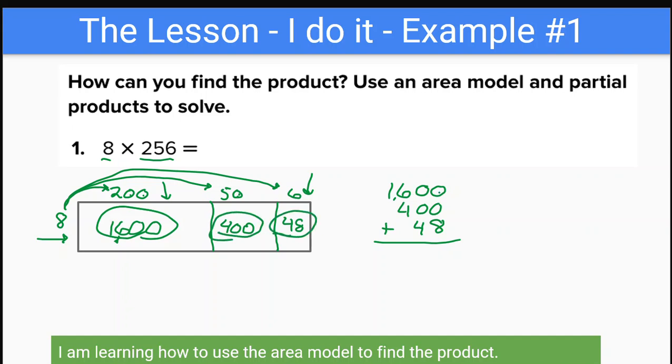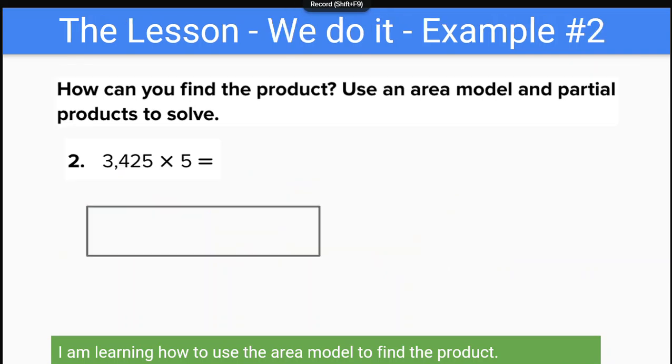Help me out, kids. 0 plus 0 plus 8, right, that's 8. 0 plus 0 plus 4, right, that's 4. 6 plus 4, that's 10. So I put down a 0 here and carry up a 1. 1 and 1 is 2. My final product is 2048.